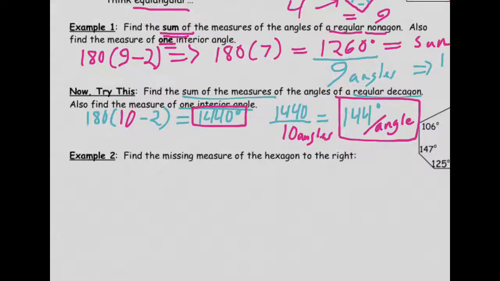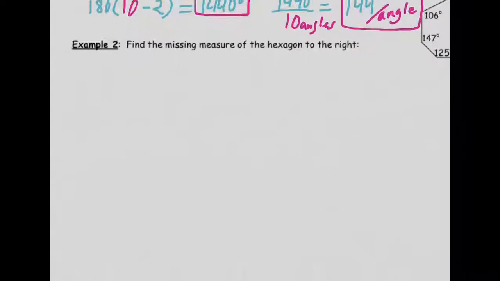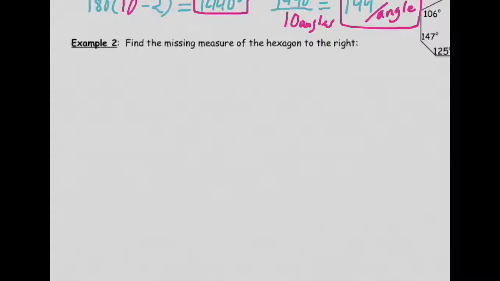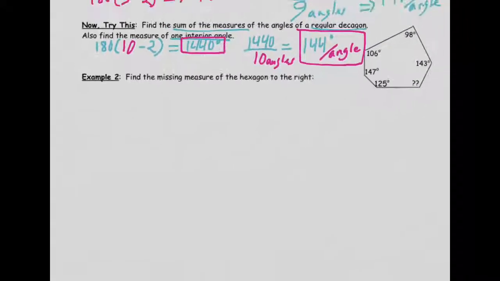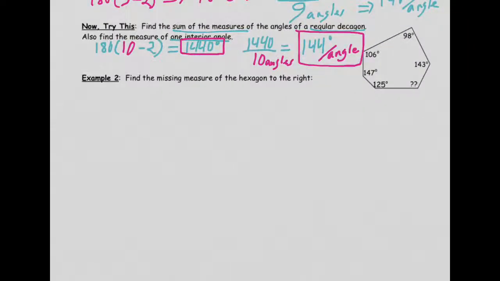Okay. Example 2. Find the missing measure of the hexagon to the right. Okay, here's our hexagon, and we have to find the missing measure.